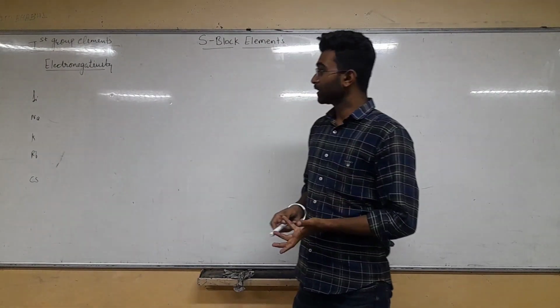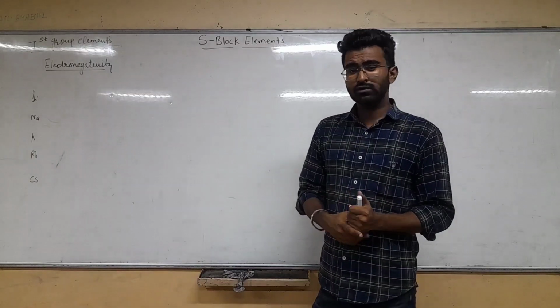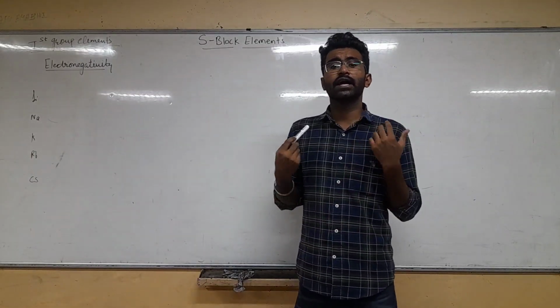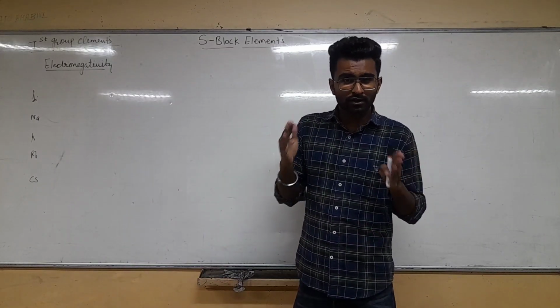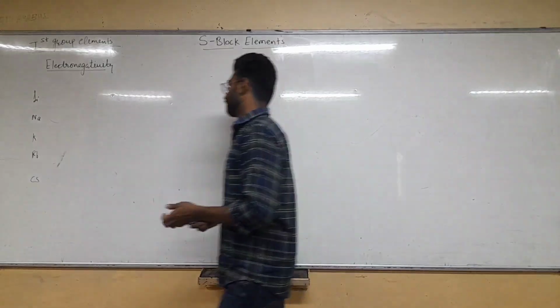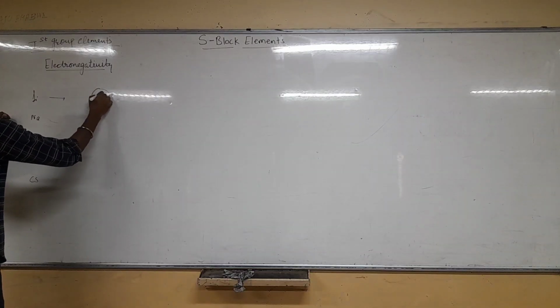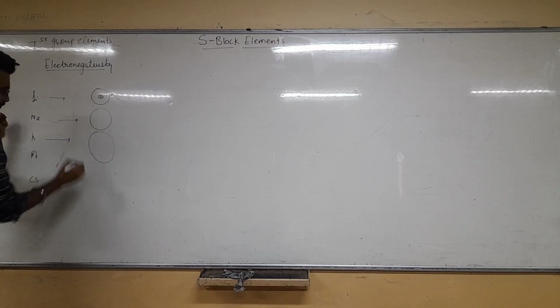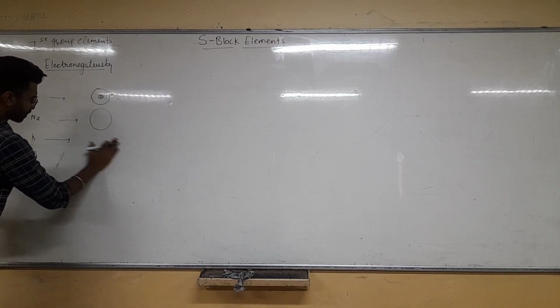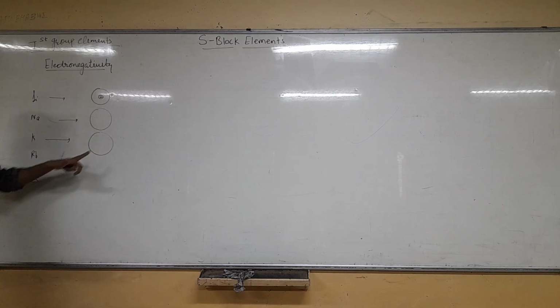So electronegativity is the power to attract the electrons. How does an atom attract the electrons? It attracts them by the attraction force of the nucleus. But see, this is lithium, this is the nucleus, this is sodium. It is getting bigger, and bigger again, larger in size.